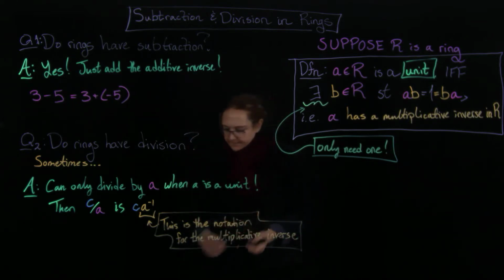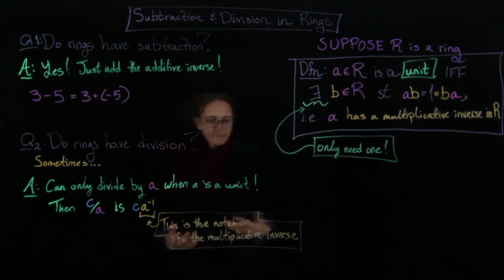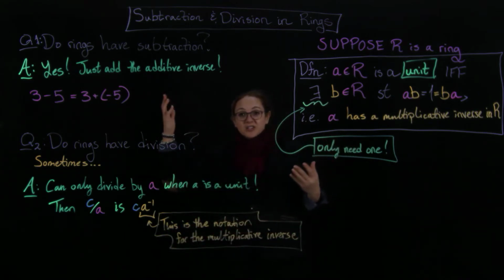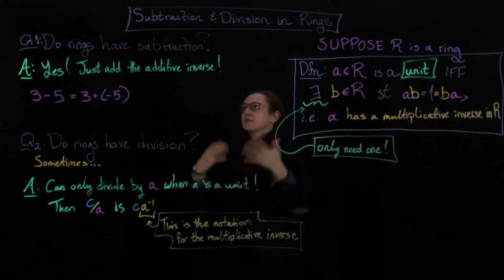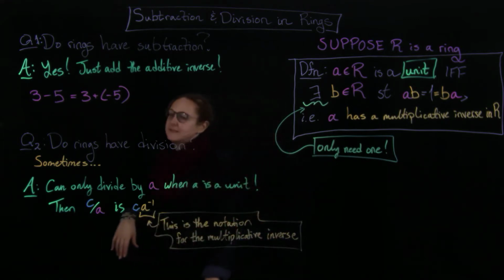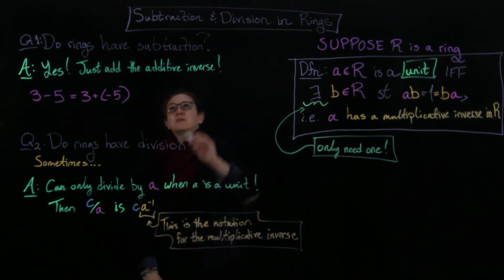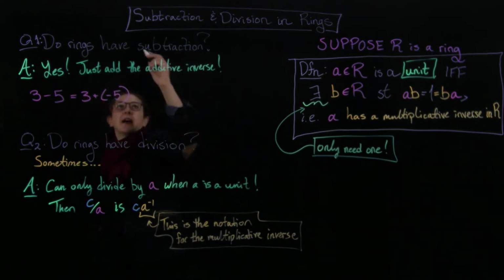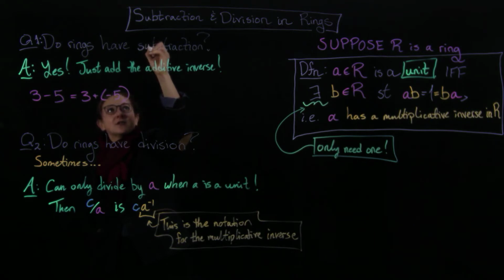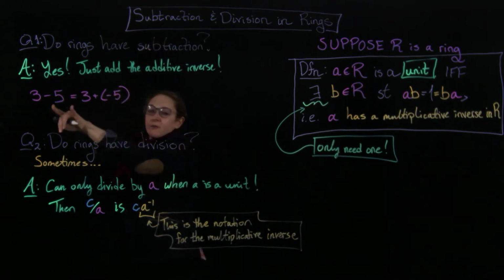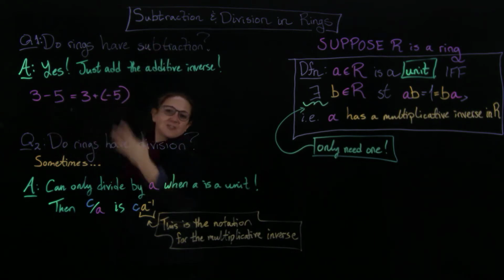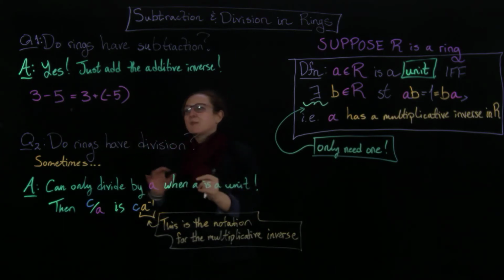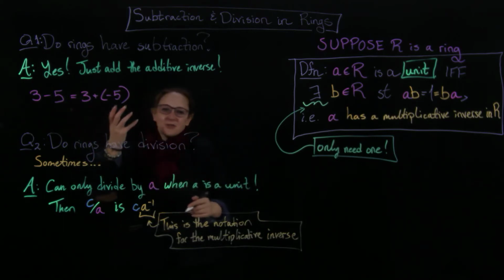Great. So, subtraction and division. Subtraction is always going to exist, and how do you subtract? You add the additive inverse. If I'd started out with minus 22, this would have turned into 22, sometimes, but it's the additive inverse that you're adding.